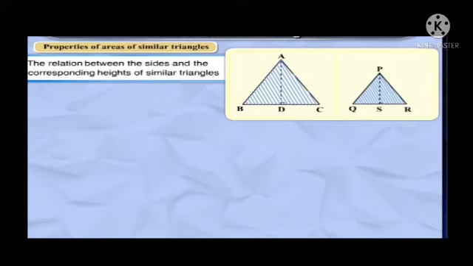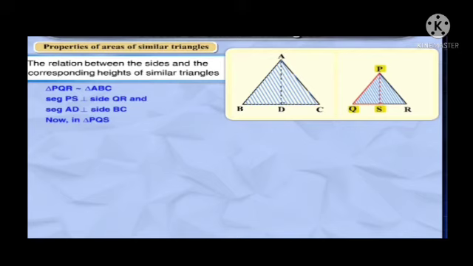So, let's start. Properties of areas of similar triangles, where triangle PQR is similar to triangle ABC. Segment PS is perpendicular to side QR and segment AD is perpendicular to side BC.